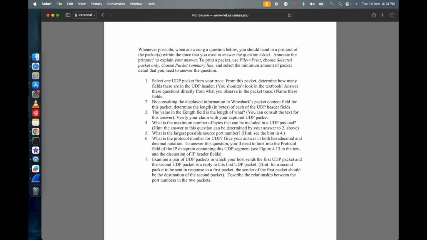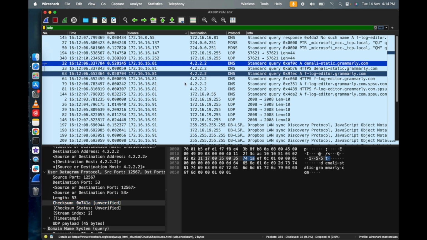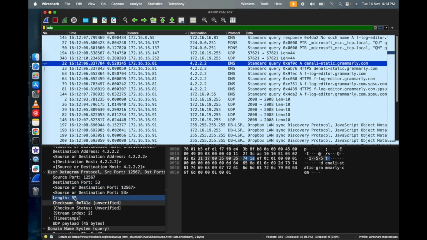Third question, the value of the length field is the length of what? Verify your claim with your captured UDP packet. So the value in the length field can be seen over here, see, you can see that the length is 53, right?